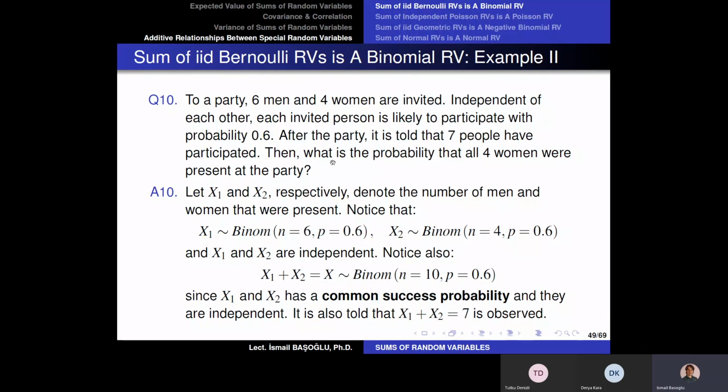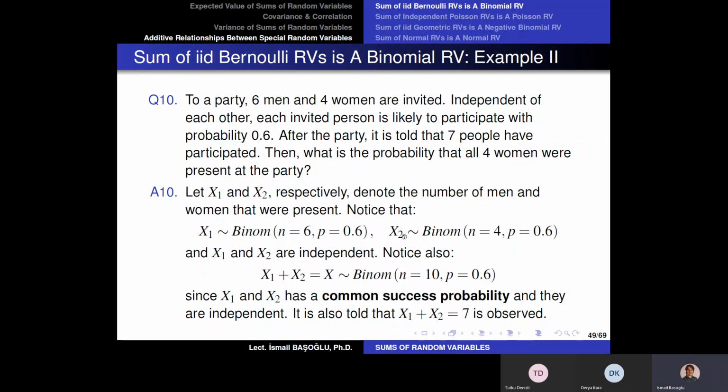You are inviting 6 men, and each man here is likely to participate with 0.6 probability. Therefore, X1, which is the number of men who participate, is going to be a binomial random variable with size parameter 6 and success probability 0.6.